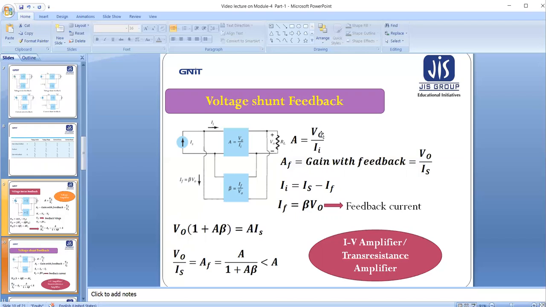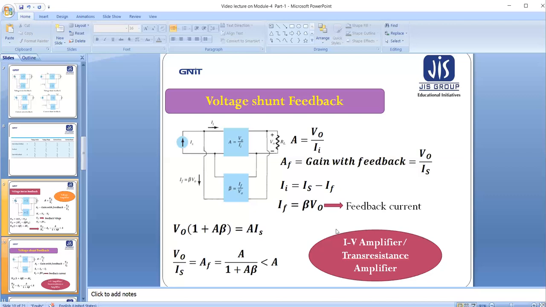Now V naught equals A into Ii, where Ii means Is minus If. After manipulating, it becomes V naught into 1 plus A beta equals AIs. So V naught by Is is equal to AF, which equals A by 1 plus A beta, which is also less than A.